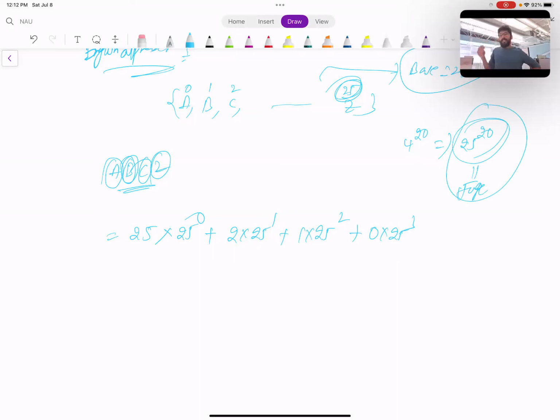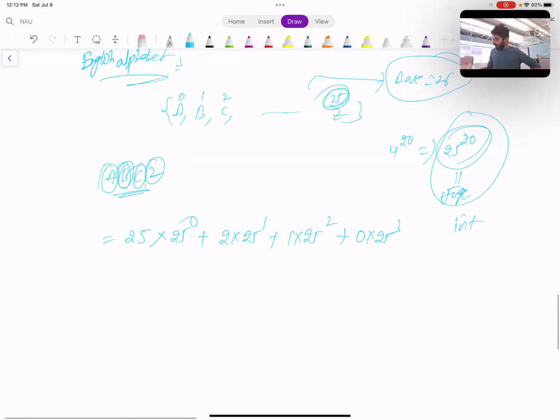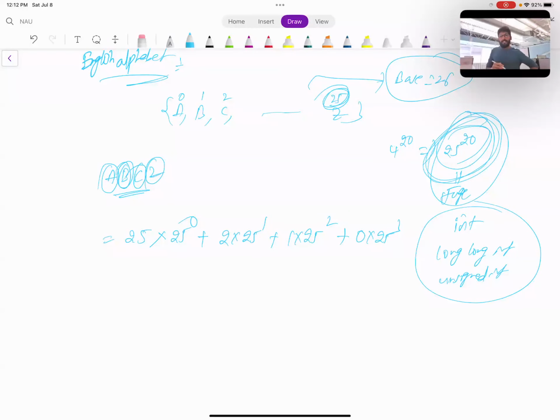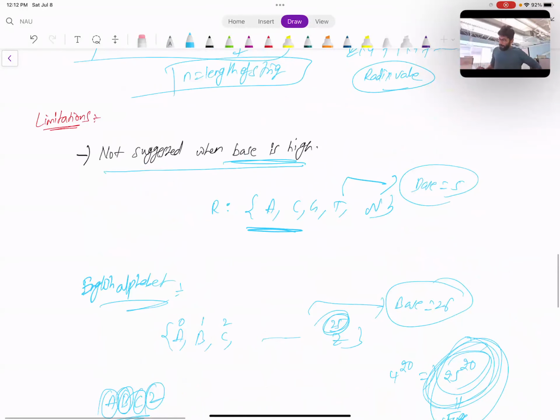We have data types like integer, long int, and unsigned integer, correct? There might be cases where all these data types cannot handle your result because the value is too huge. So that's the reason it is not suggested when your base is high.